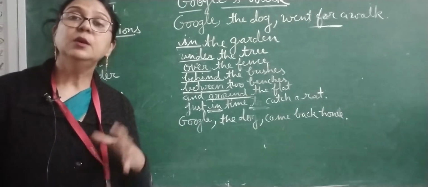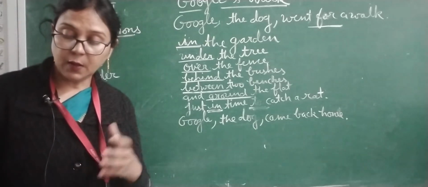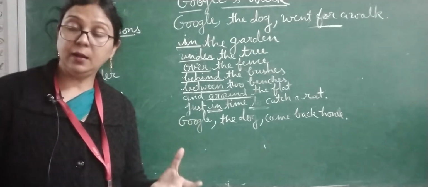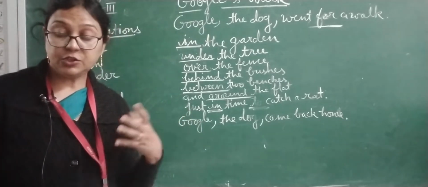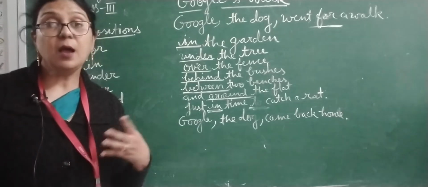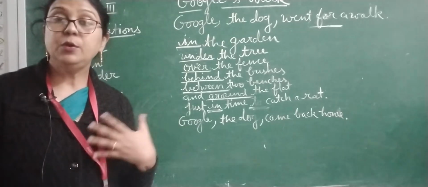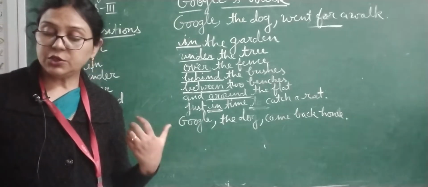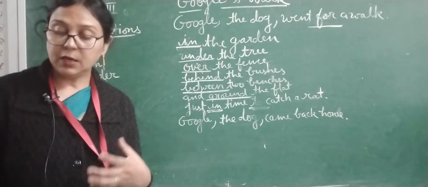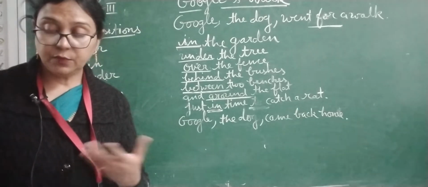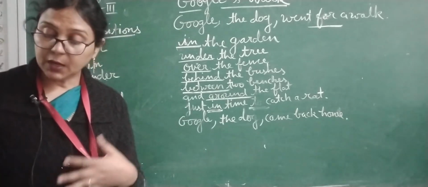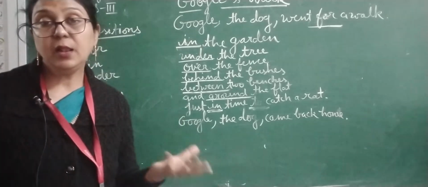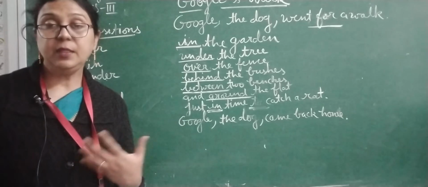We are becomes we're, they are becomes they're, he will becomes he'll, she will becomes she'll, I have becomes I've, you have becomes you've, he has becomes he's, she has becomes she's, it has becomes it's, we have becomes we've, they have becomes they've, we will becomes we'll, and they will becomes they'll.